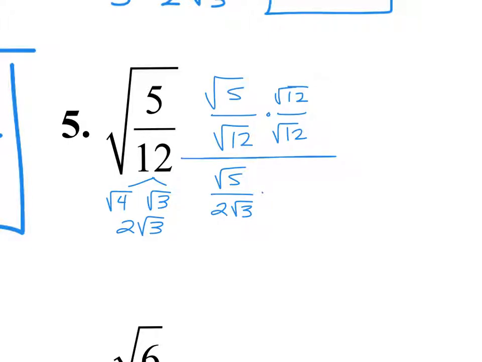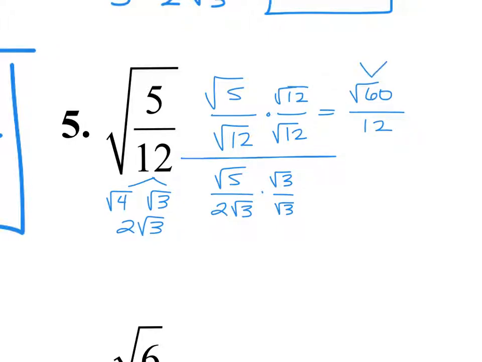We could multiply this by rad 3 over rad 3. Let me show you the difference in what you get with these. On top here, I would get rad 60. On bottom, I would get 12, right? Rad 60 is not in its simplest form.